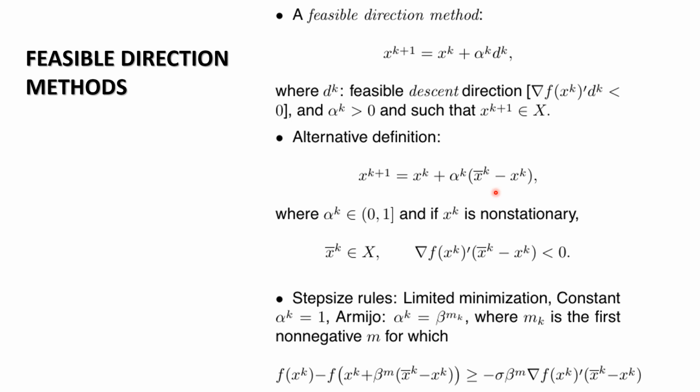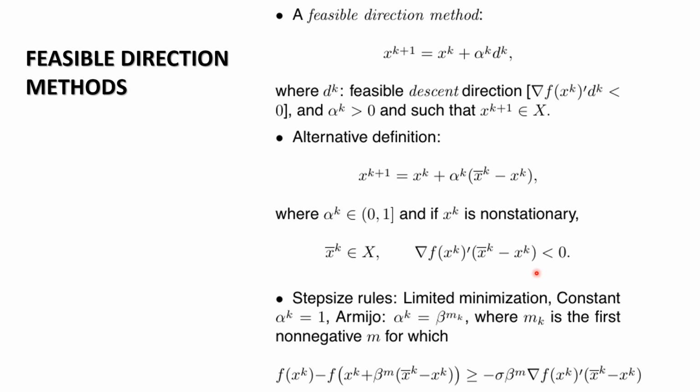If xk is not stationary, that is, it's not a local minimum, then the multiplication of the transpose gradient of function f at point xk and the difference between x bar k and xk is negative.